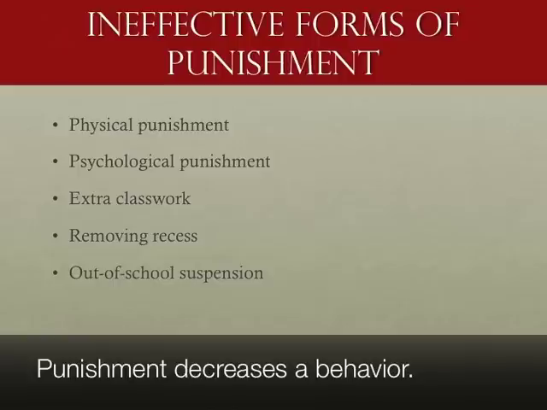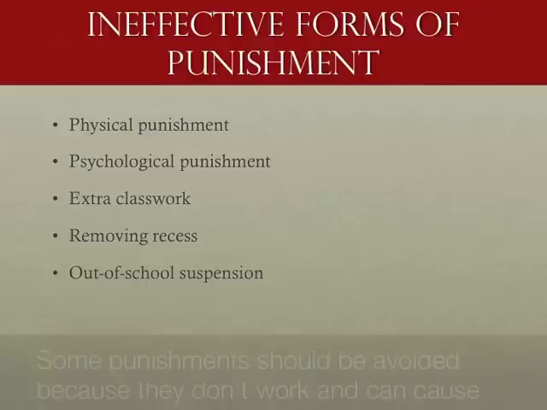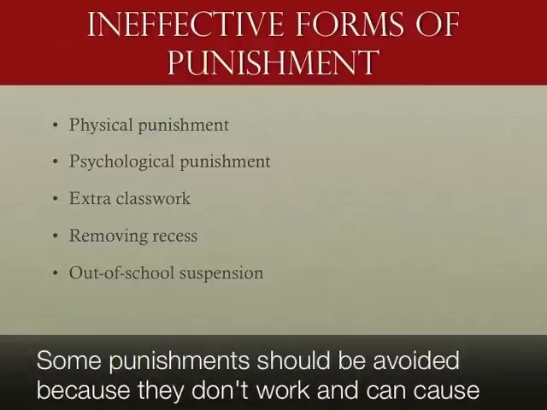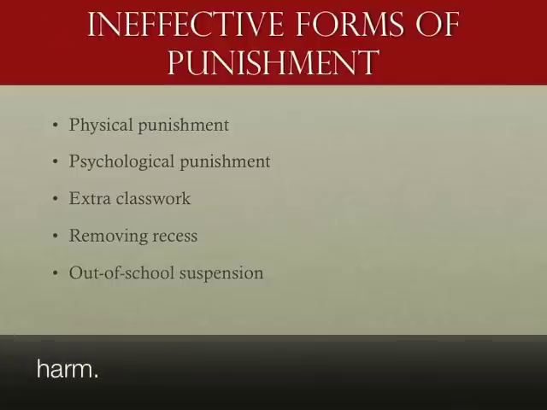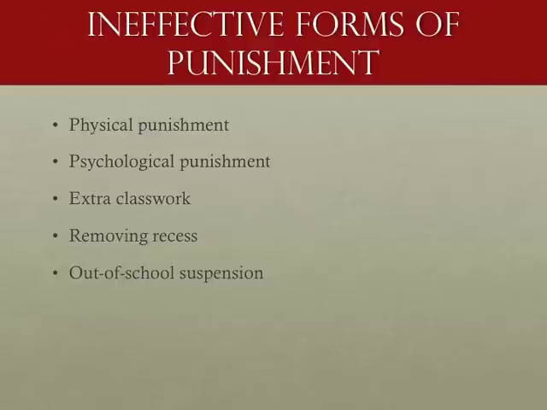So we've talked about punishment and how that can decrease undesired behaviors. But some types of punishment are ineffective or are not good for what we want to use them for. Here's a list of some that are ineffective: physical or psychological punishment, extra classwork, removing recess, and out-of-school suspension.